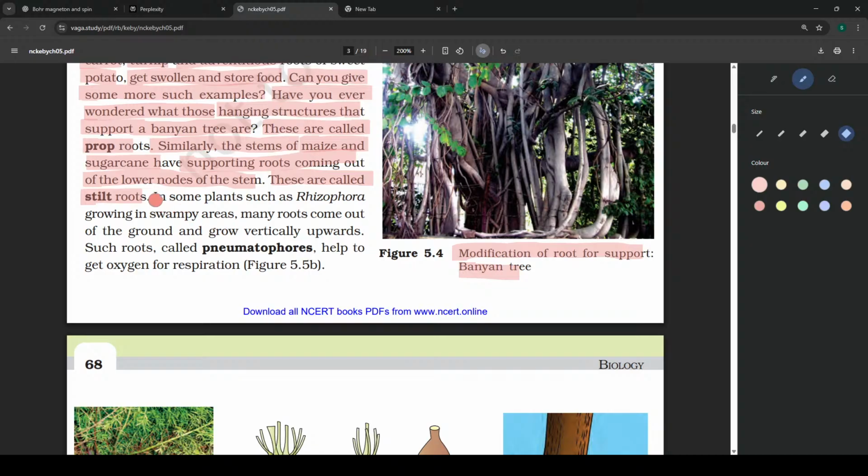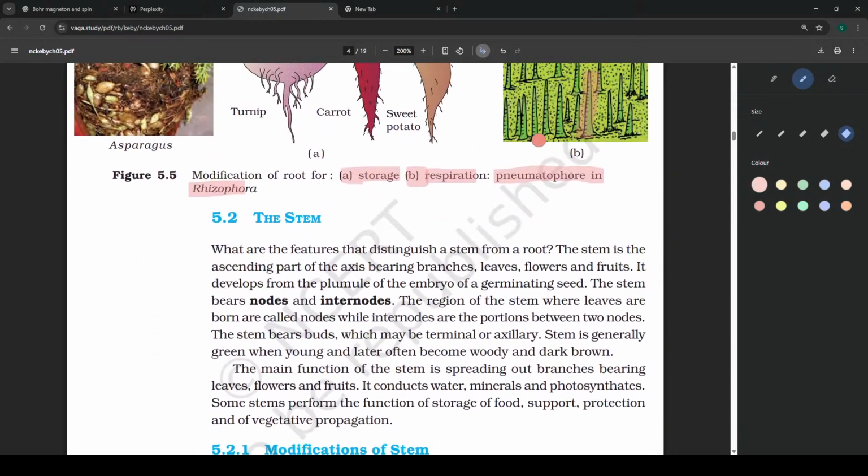Okay. In some plants, such as rhizophora, growing in swampy areas, many roots come out of the ground and grow vertically upward. Such roots, called pneumatophores, help to get oxygen for respiration. This we talked about before. These are the pneumatophores.